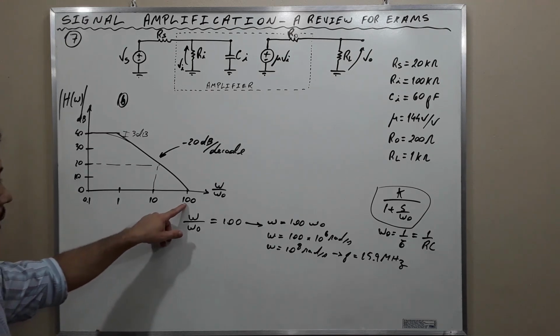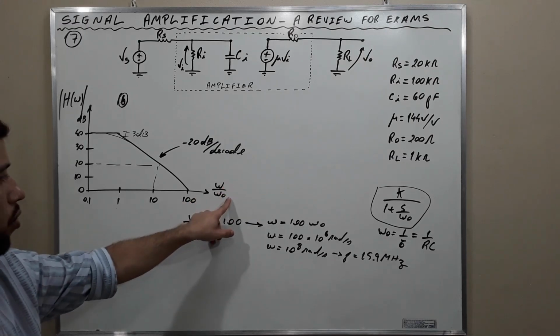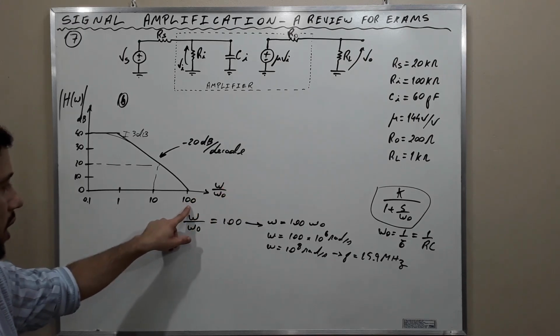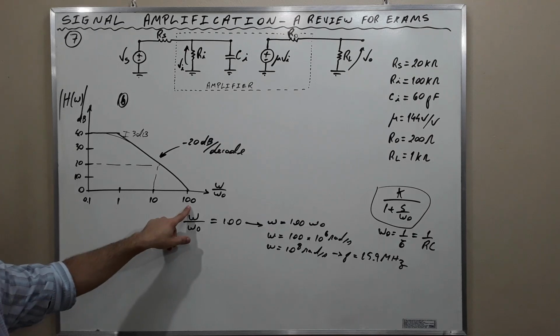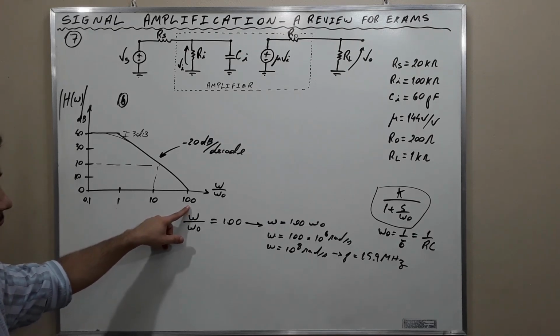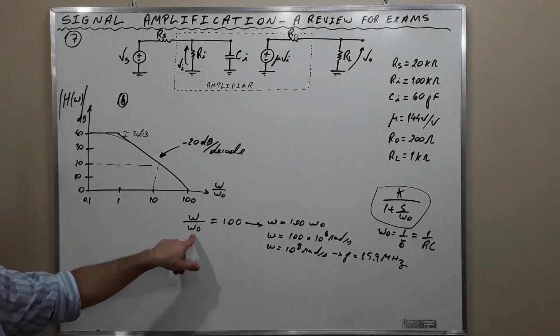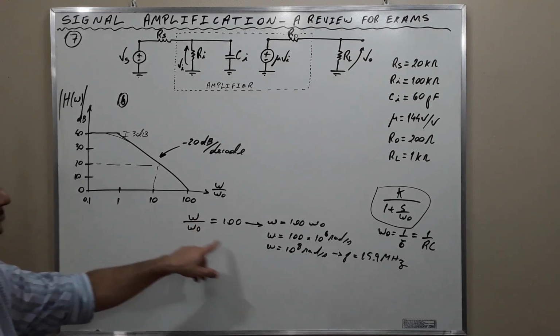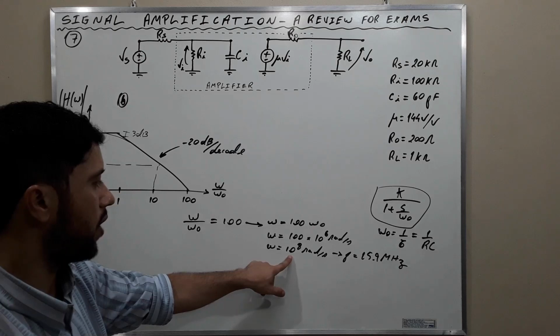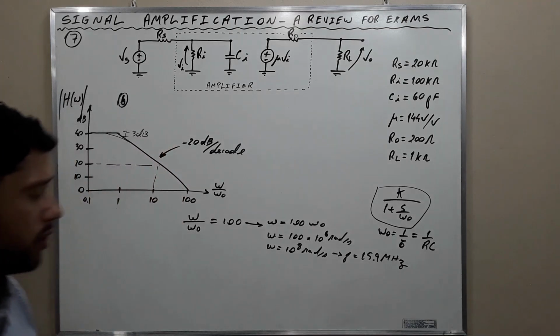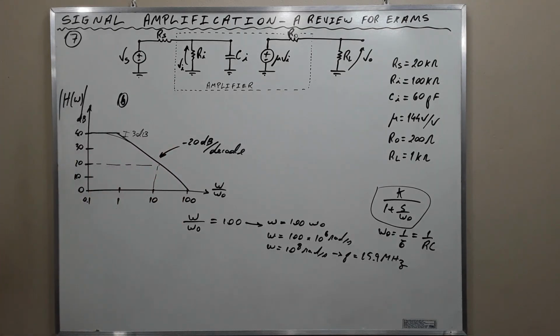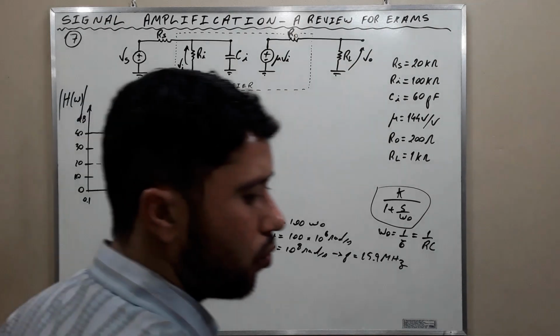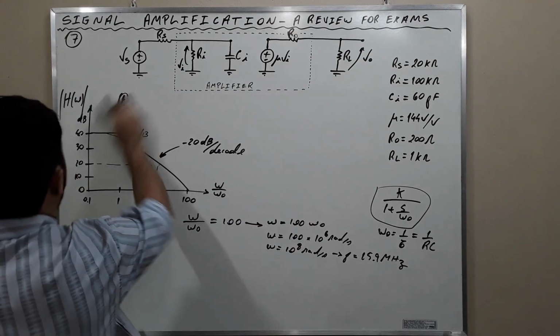When the ratio W over W0 is 100, the magnitude is 0 decibels. Then the frequency is 100 times this, and we found 10 to the 8th radians per second, or 15.9 megahertz. Now let's work on letter C.